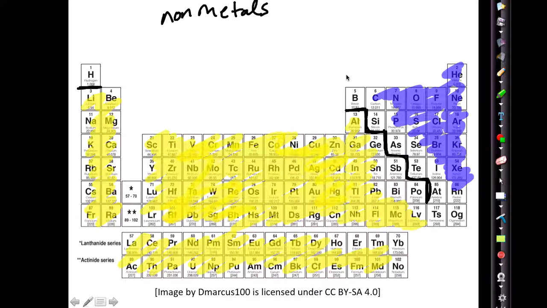Now, first thing you'll notice is that there are fewer nonmetals than there are metals. Some other characteristics of nonmetals, typically either going to be gases or brittle solids.